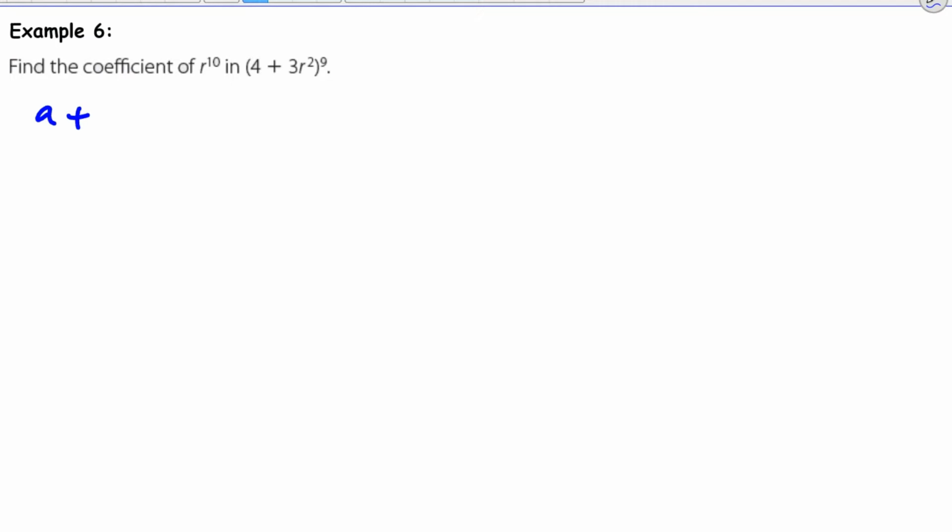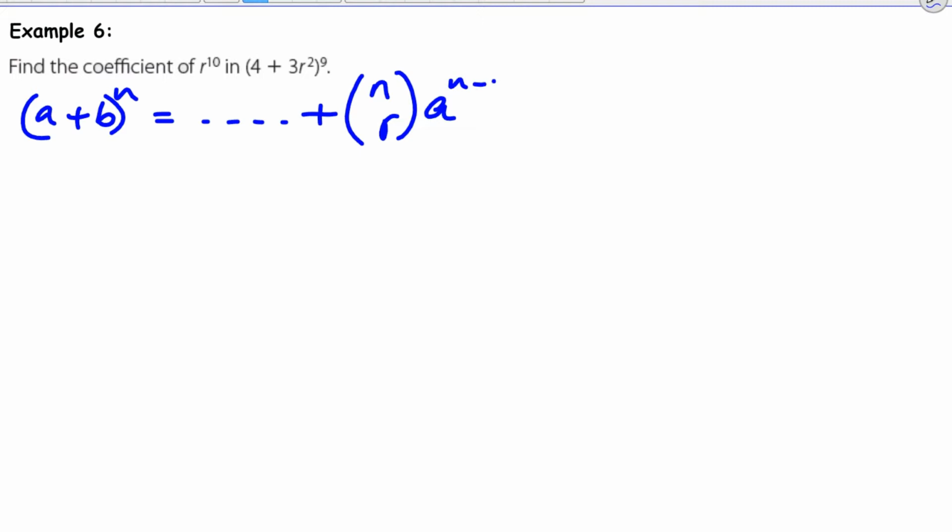So (a plus b) to the power n will be whatever comes first plus the general term, which is n choose r, a to the power n minus r, b to the power r, plus whatever comes next. So by inspection, a is equal to 4, b is equal to 3r squared, and of course n is equal to 9.